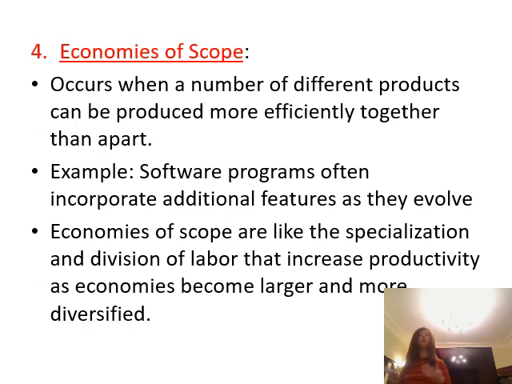Any software package that has inside it internet security, that has inside it firewall protection, is more efficiently produced together by a software company. If it decided to produce each one alone, it would not be efficient. It would be more costly to the firm. This is what we call economies of scope.